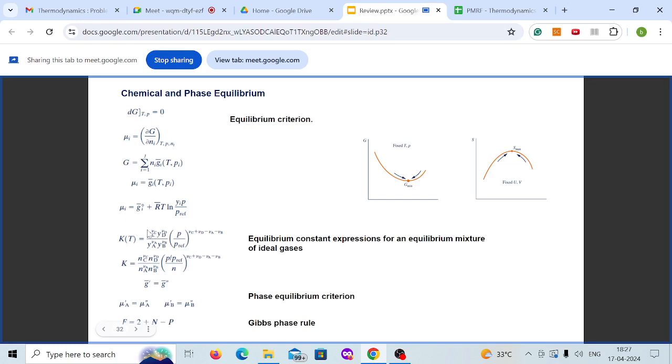So this gives you Q. You can convert that into N also, number of moles. You just have to multiply each of the components by N. So this is what you get.